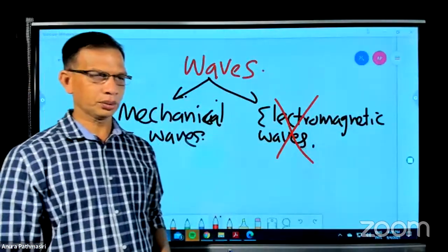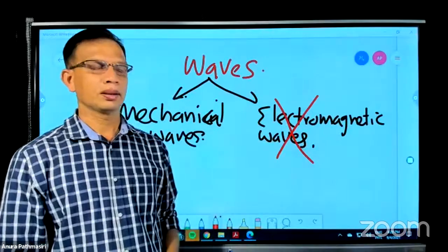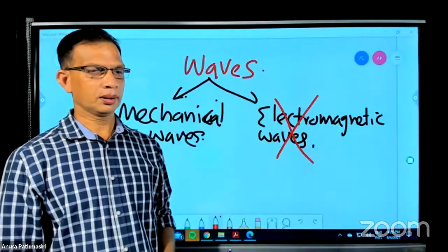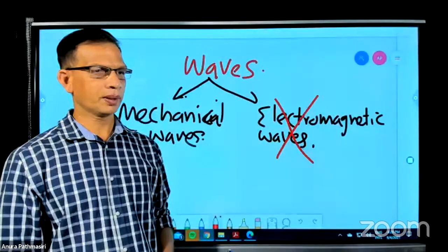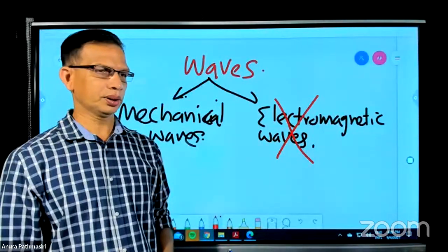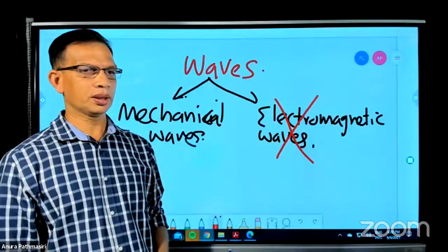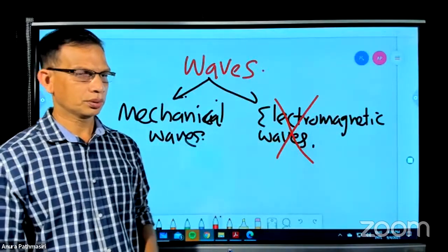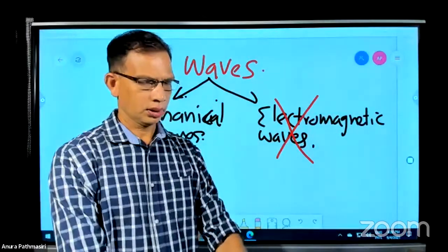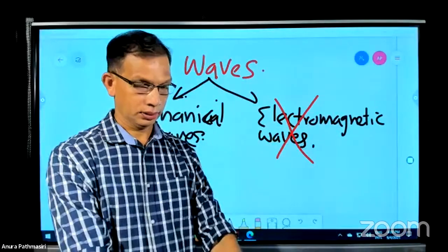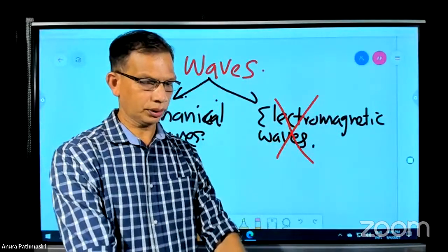the electromagnetic spectrum, it is used to find out the type of waves there. Let me show you the electromagnetic spectrum.